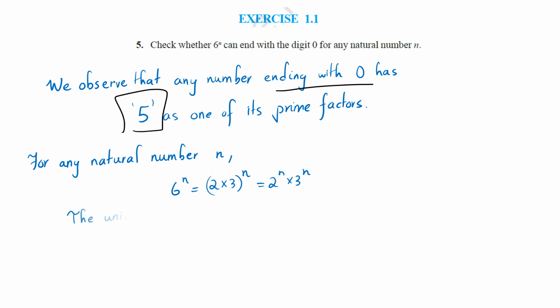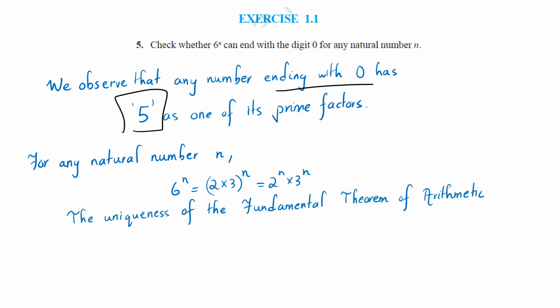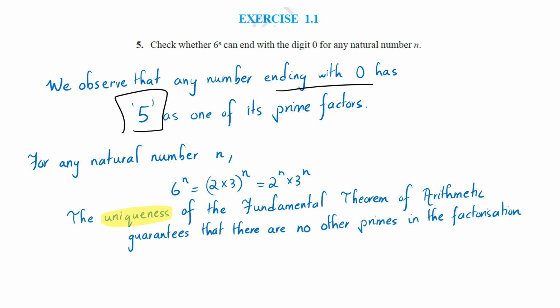Fine. So how does that help? When we talked about the fundamental theorem of arithmetic, we had emphasized the uniqueness, right? Which means that if 2 and 3 are the only prime factors, then we cannot have another prime factor.